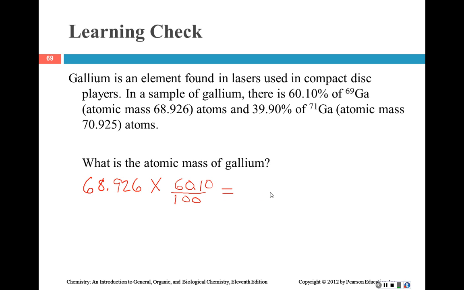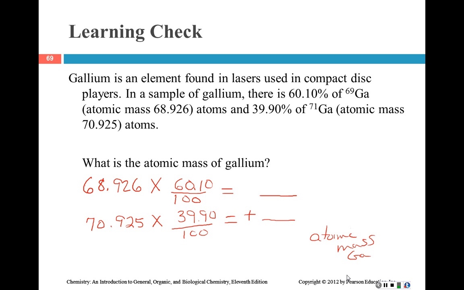And then you're going to get a number for that. And then the other one is 70.925 times 39.90 out of 100. And then you're going to get a number for that. And then you're going to take this number plus this number, and that's going to give you the atomic mass of gallium.